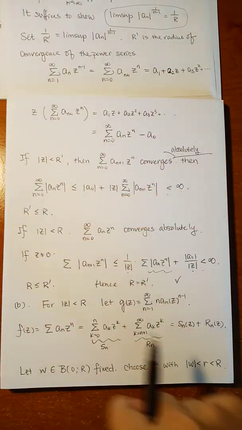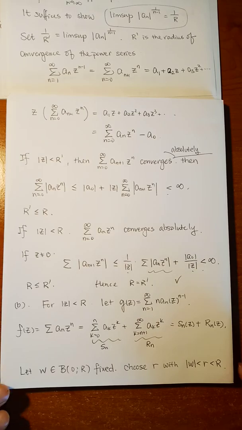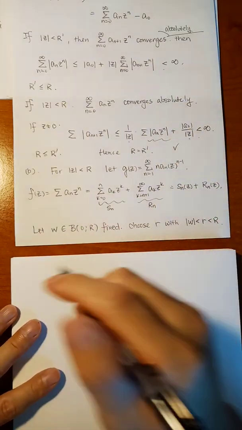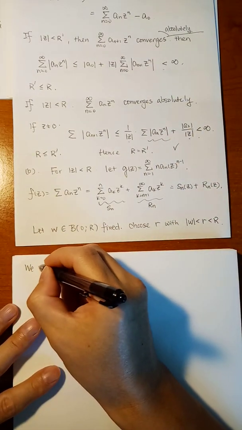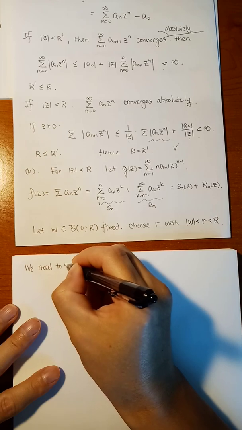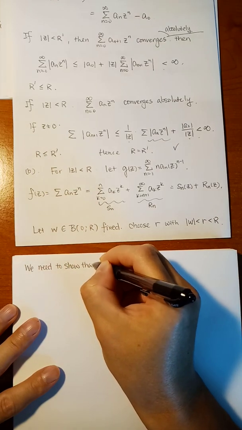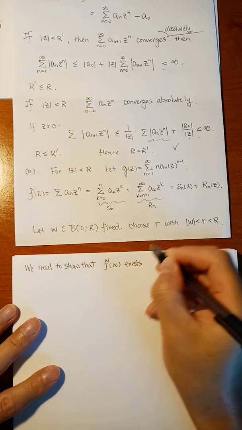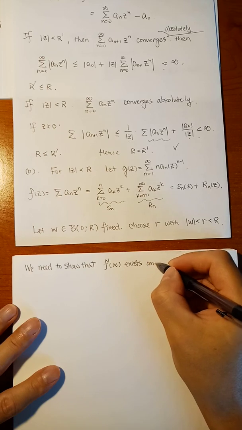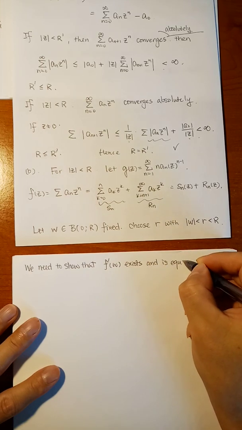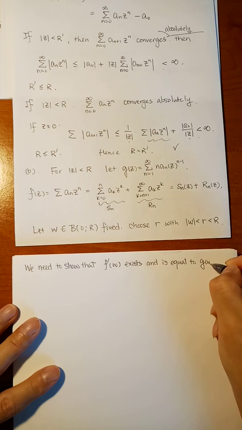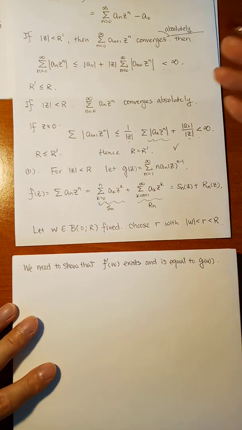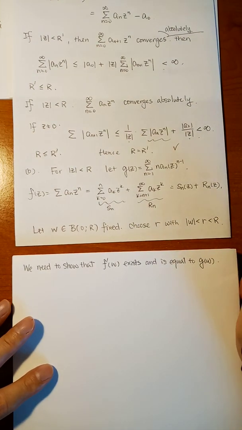We want to use a slightly smaller disk to cover this W. So we are going to show that f prime of W exists and is equal to g of W. Exists means differentiable. Is equal to g of W means it's given by the previous formula.